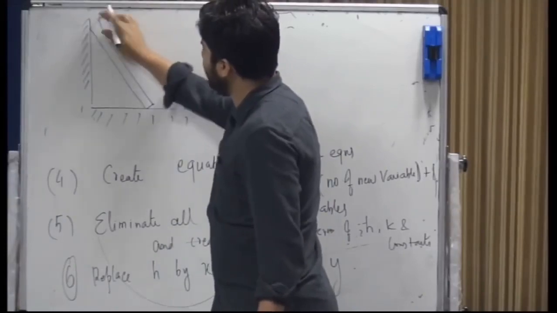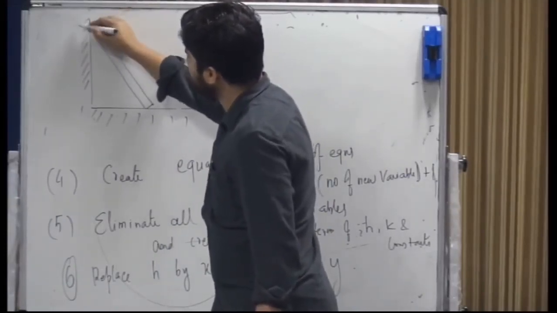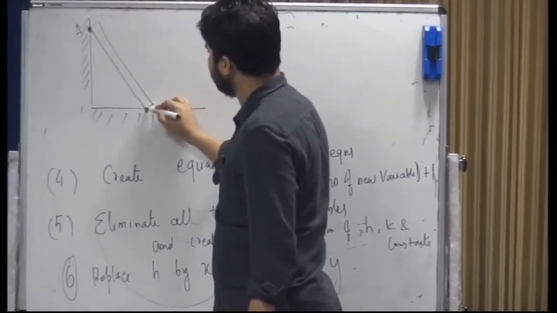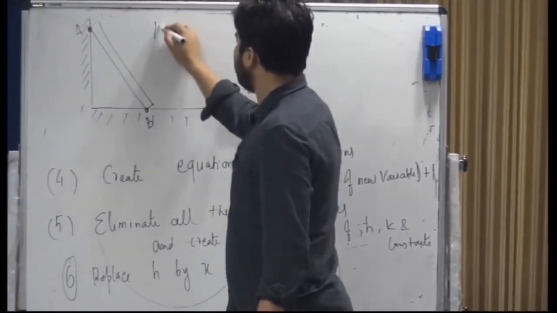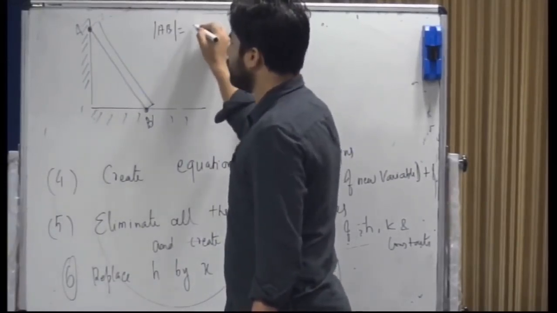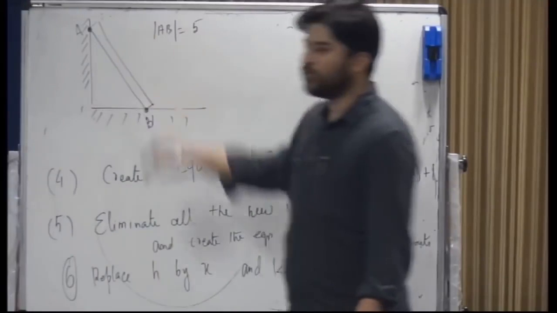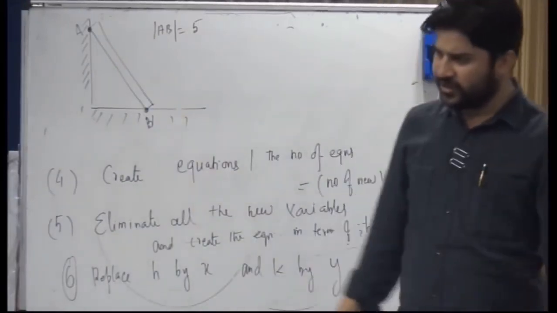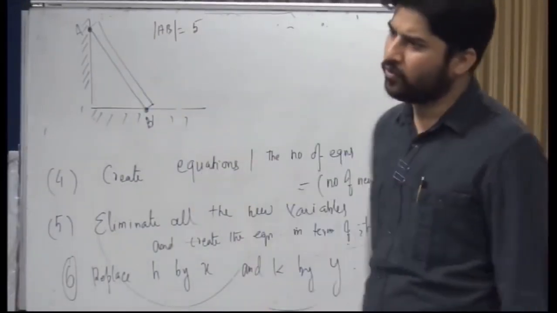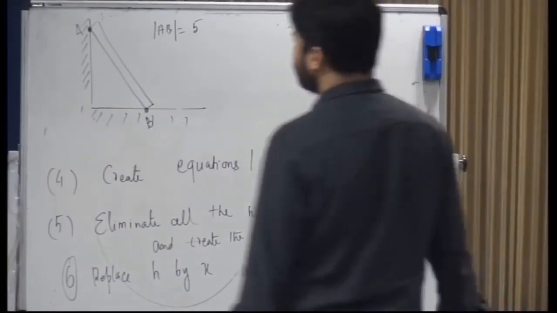This point is A where it is resting, and this point is B, and they are saying mod AB is 5, which means the length of the rod is 5. Will it change any time if it is sliding? No, the length is going to be constant, right?